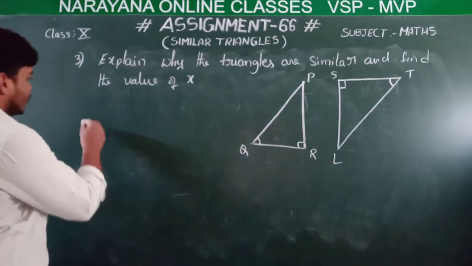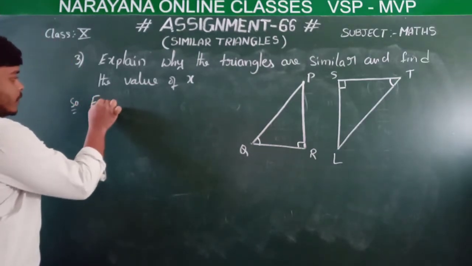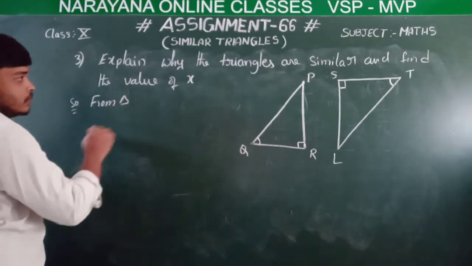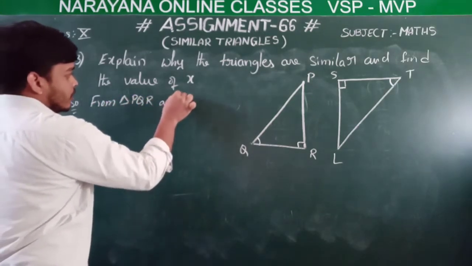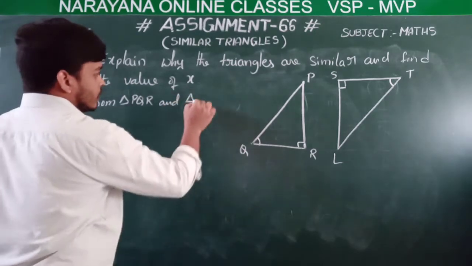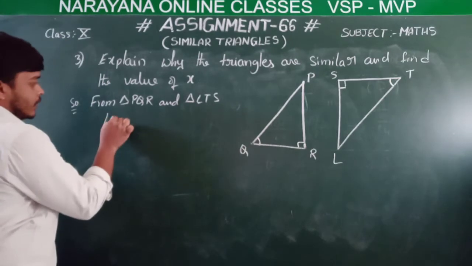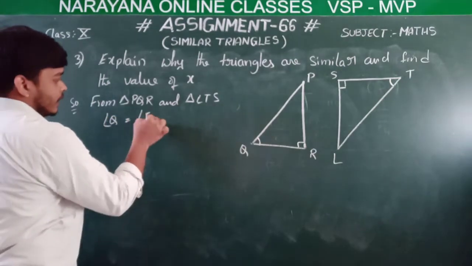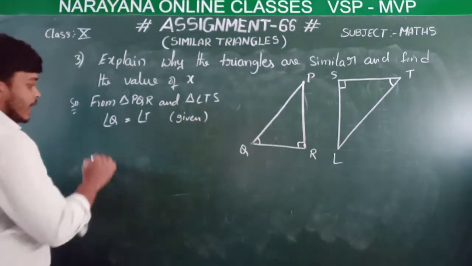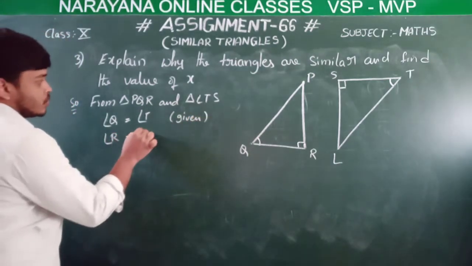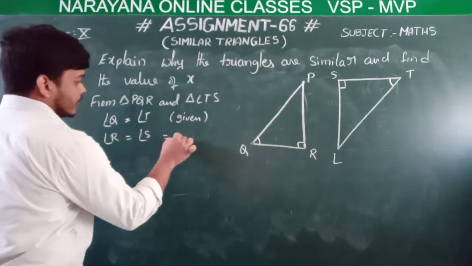So from triangles PQR and LTS, angle Q is equal to angle T, which is already given, and angle R is equal to angle S, which is 90 degrees.